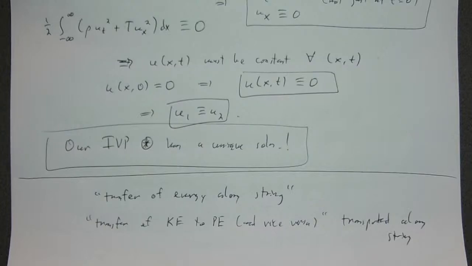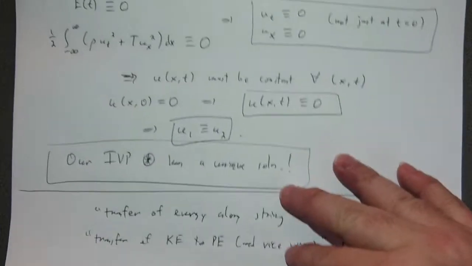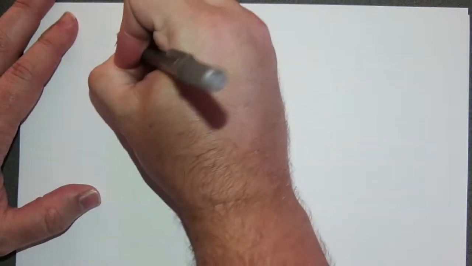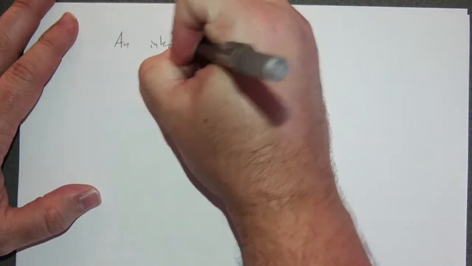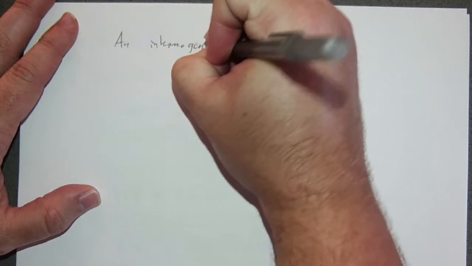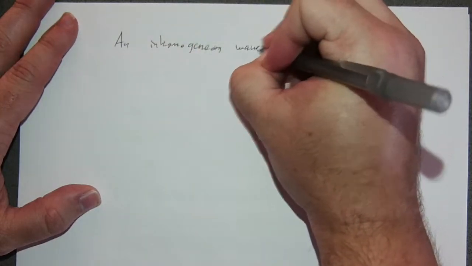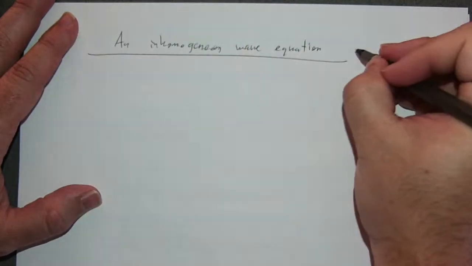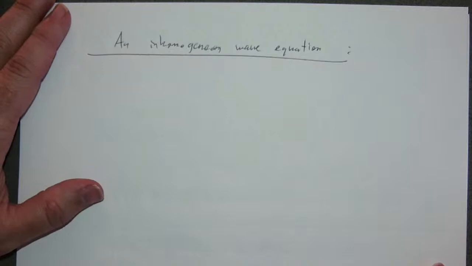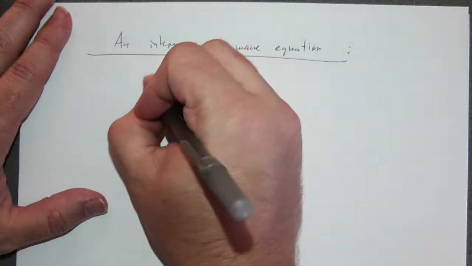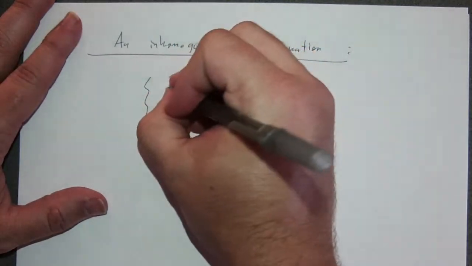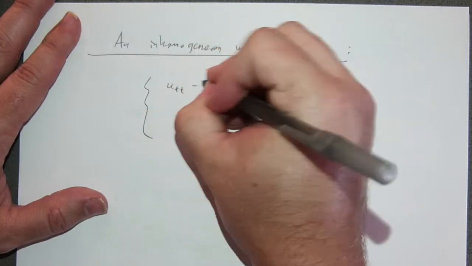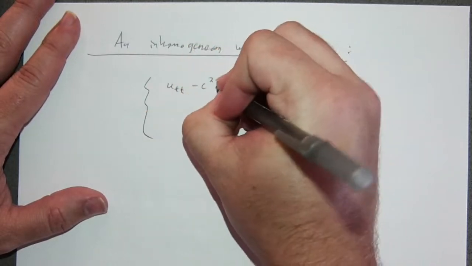Okay. So what if now we look at an inhomogeneous wave equation? What does that mean? If we have all expressions involving derivatives on one side of the equation, like we typically like to do, say we have the wave equation with initial conditions and it looks like this.